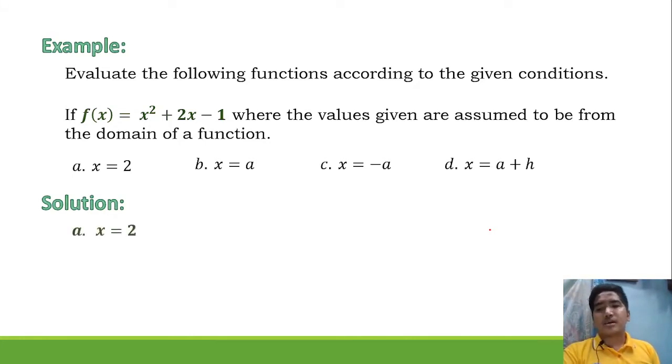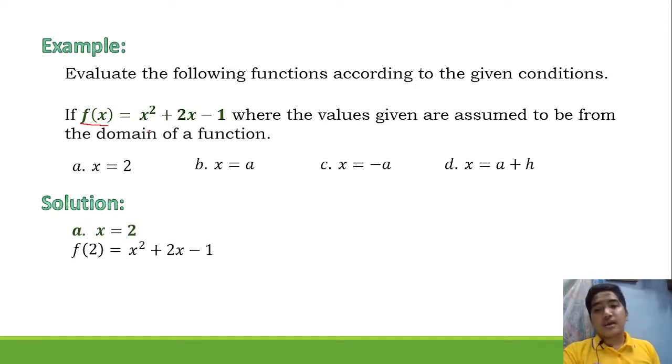First we will substitute the value of 2 into our specific function, which is our f of x. So it becomes f of 2. Then, let's copy our x squared plus 2x minus 1.